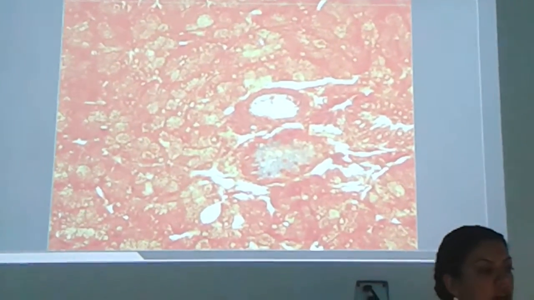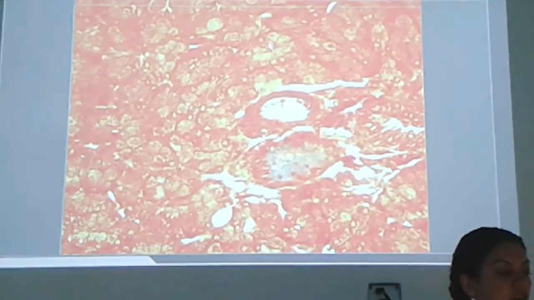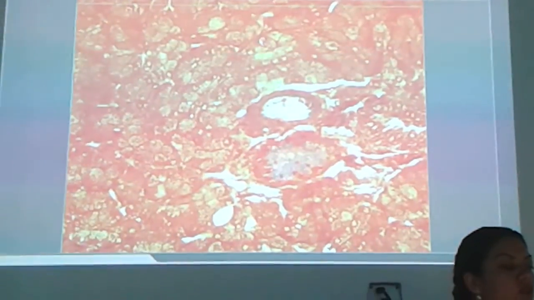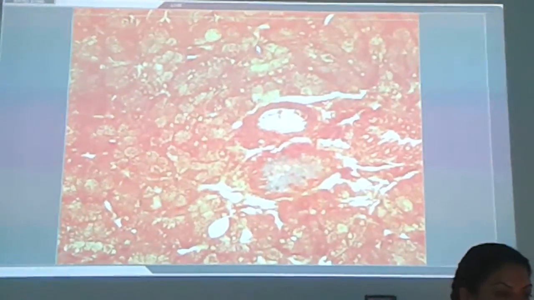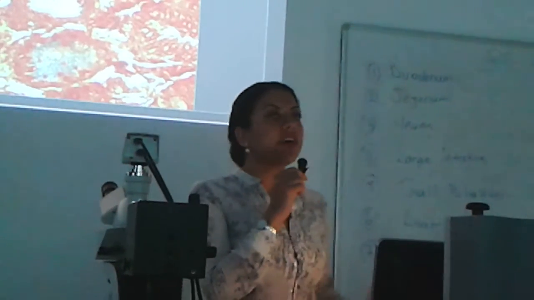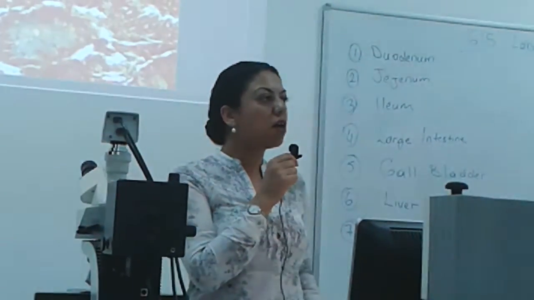The upper cytoplasm stays more eosinophilic, but the lower part of these cells stays more basophilic. I would like you to distinguish all these structures that I have shown you. Please go and take your slides from our technicians, then I'll come and help you find all these structures. Thank you.